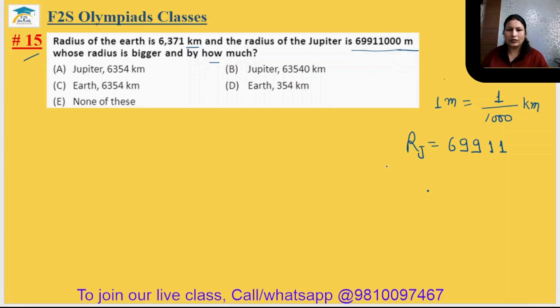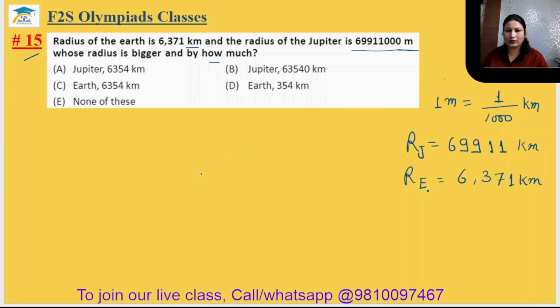Okay. Radius of Earth is given, RE is given 6,371 kilometer, and now Jupiter's is also converted into kilometer. So which one is more? Jupiter's radius is more. By how much?